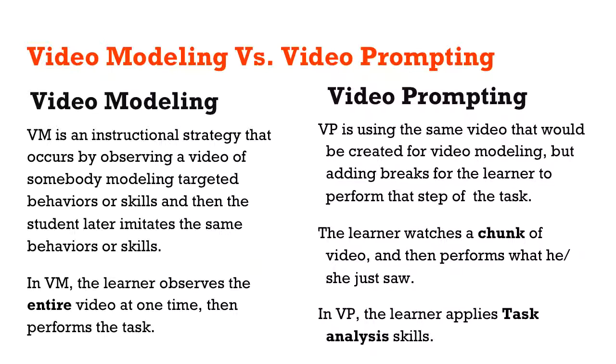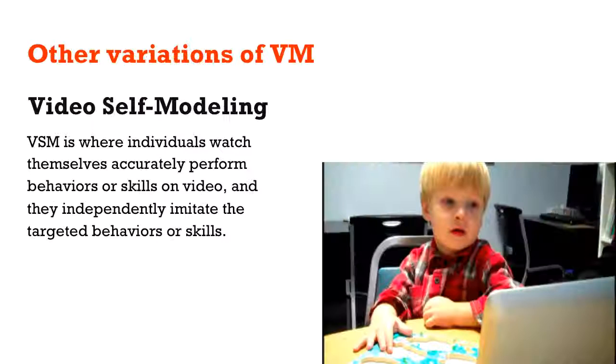In video prompting, the learner applies task analysis skills. Video self-modeling. Video self-modeling is an application of video modeling where individuals watch themselves accurately perform behaviors or skills on video, and they independently imitate the targeted behaviors or skills.